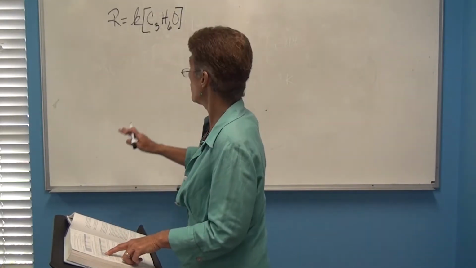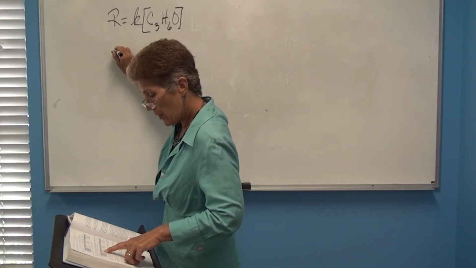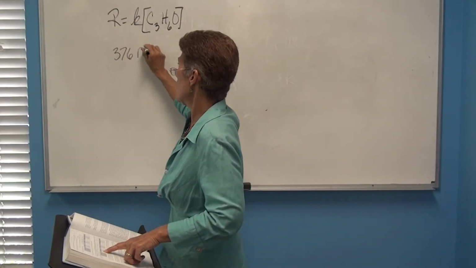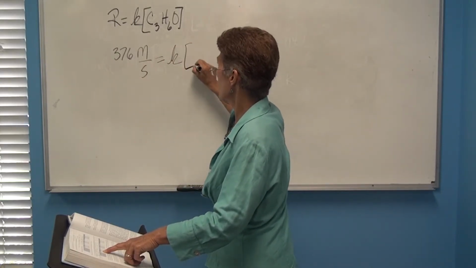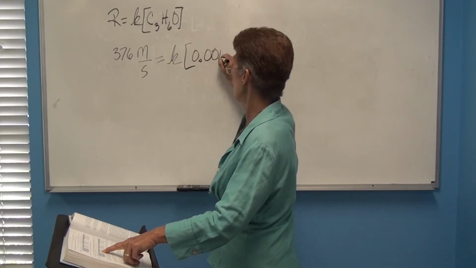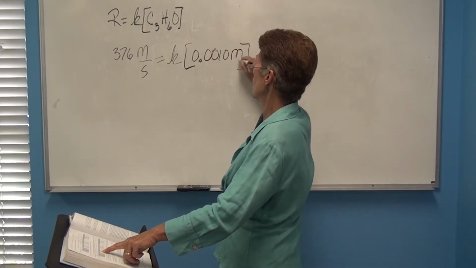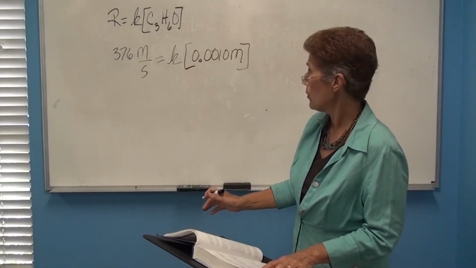And then I'm going to plug in the first trial. So 376 M/s equals, we're trying to determine k, and I'm going to put in 0.0010 molar, and that's a 1, so I'm not going to do anything there.